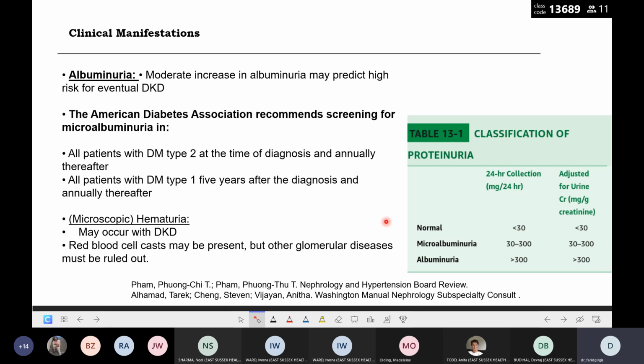As you know, this is the classification of proteinuria. It is the same as the last table of chronic kidney disease. So normal, with 24-hour collections, is less than 30 milligram per 24 hours; 30 to 300 is micro and more than 300 is macroalbuminuria. So we know this table very well.